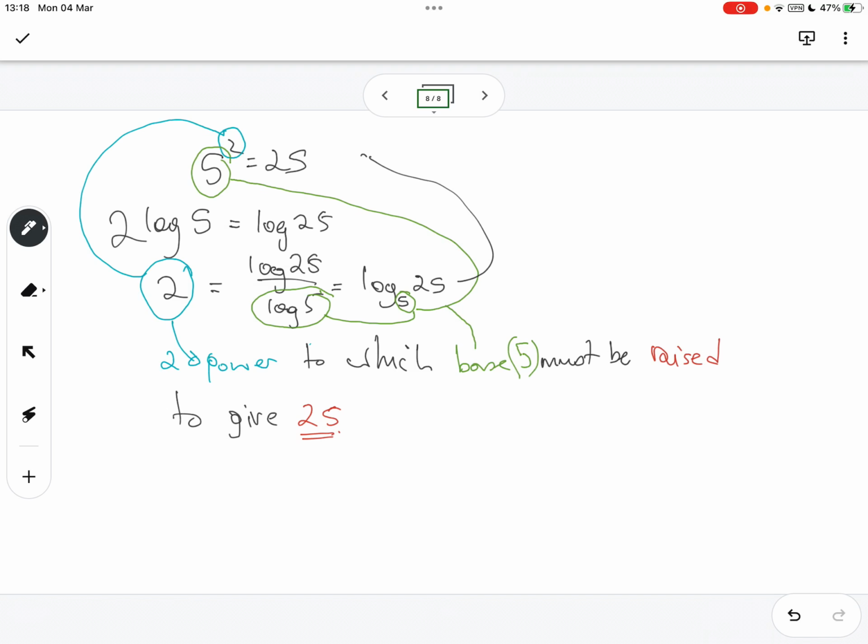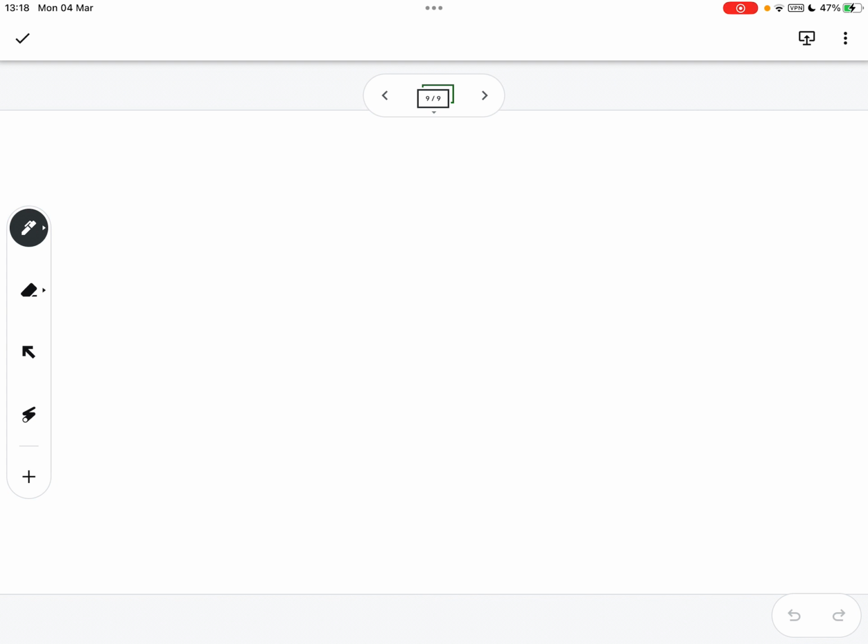Yeah, it's kind of like thinking about it like that. So 5 to the power 2 equals 25 would be the same as 2 is the power to which base 5 must be raised to give 25. The other one goes at it in reverse.